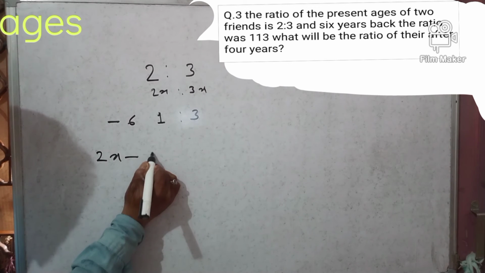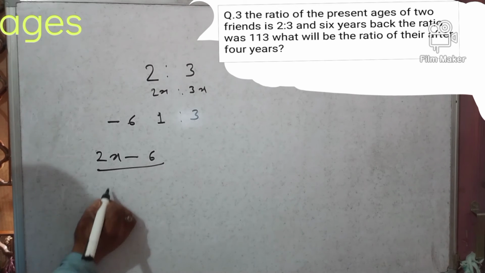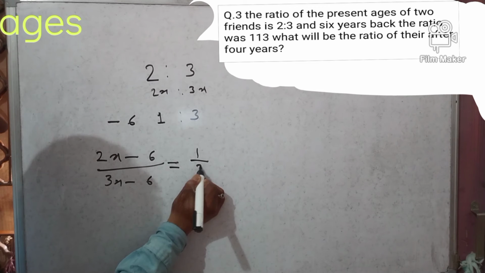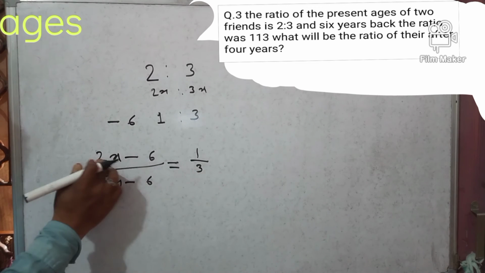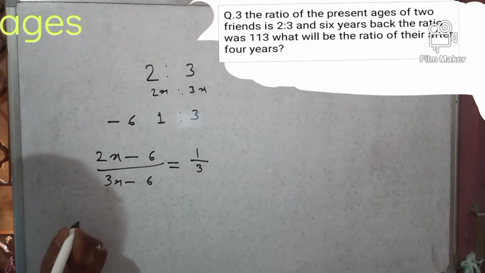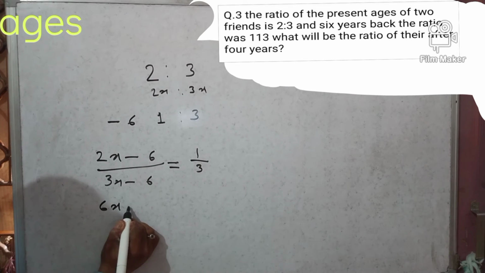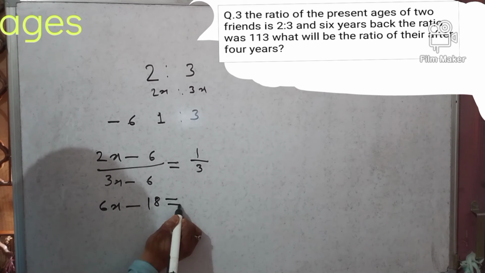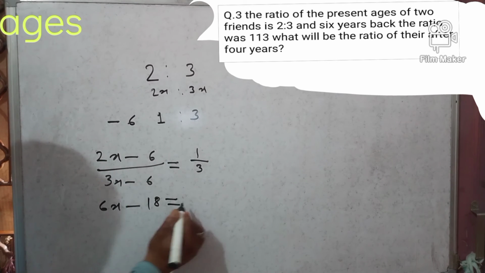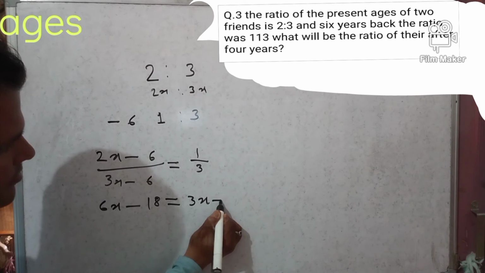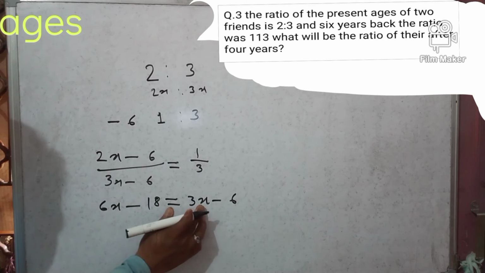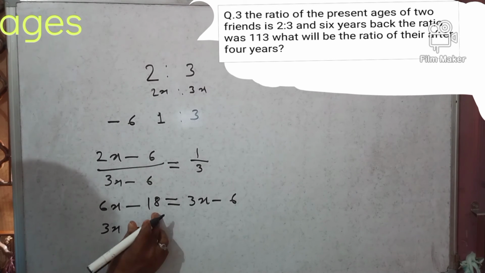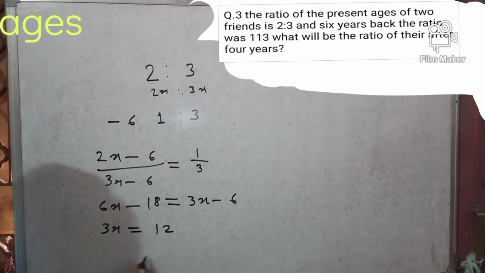6 years back we have to subtract: (2x minus 6) by (3x minus 6) is equal to 1/3. Cross multiplying, 3 times 2x is 6x, minus 6 times 3 is 18, is equal to 1 into 3x minus 6. 6x minus 3x is 3x, is equal to 18 minus 6 is 12, right?